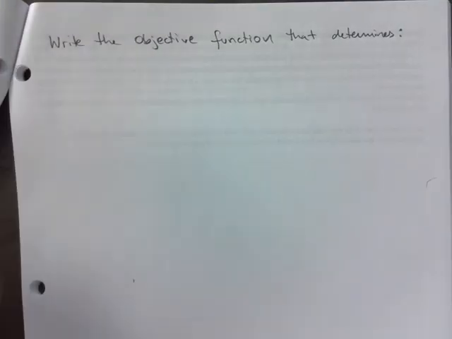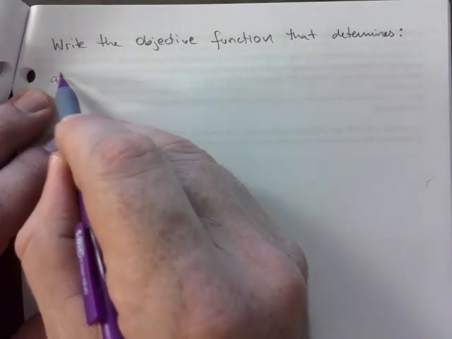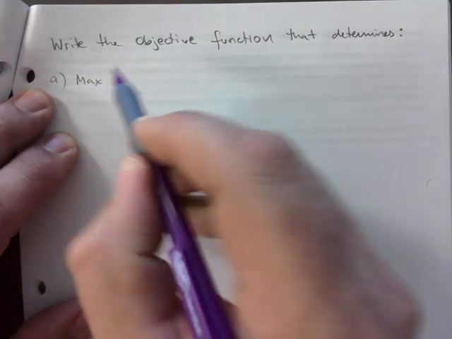So we're just going to write this once. Write the objective function that determines, we're going to do this one, maximum profit.